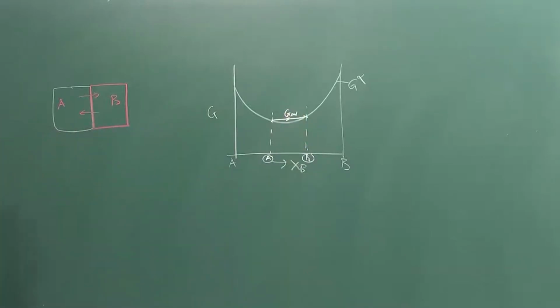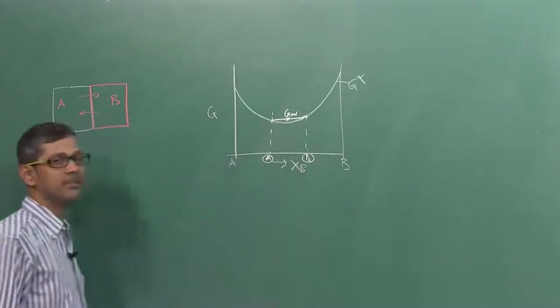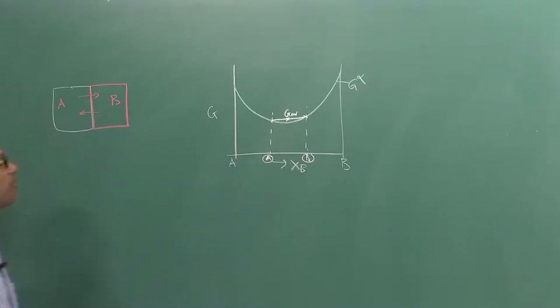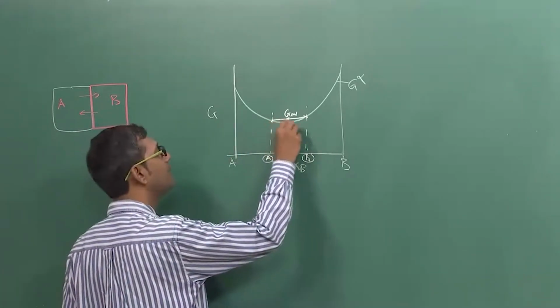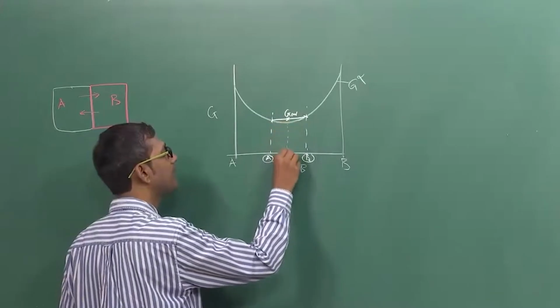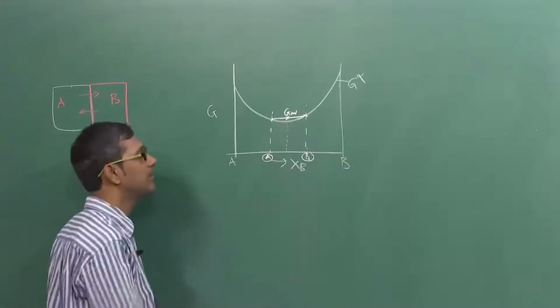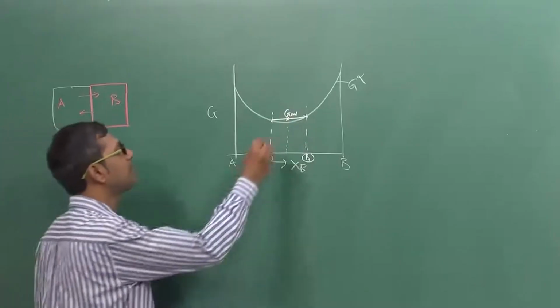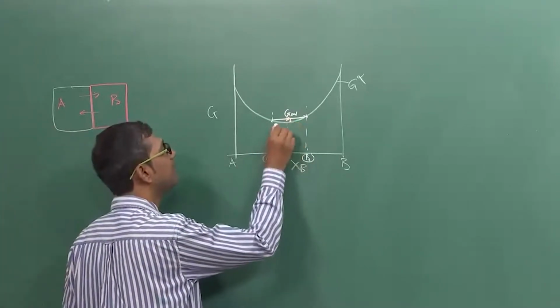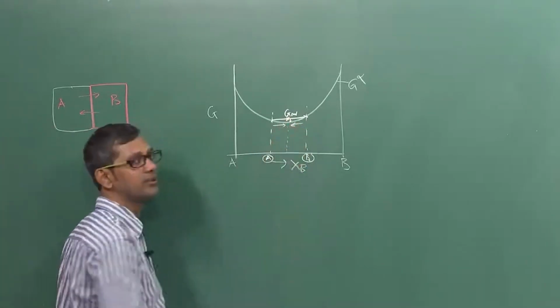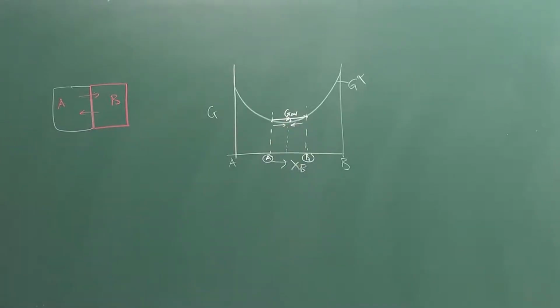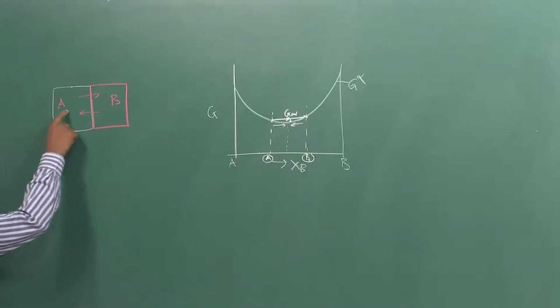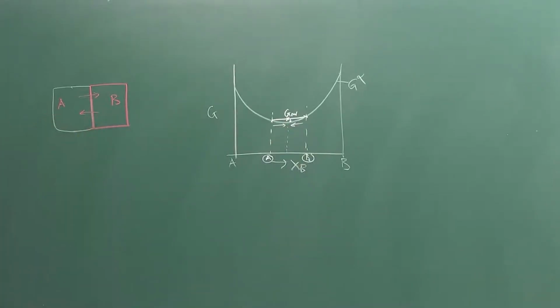So, the average free energy is much higher, actually quite higher than the free energy of the system at this composition. You see here, this is the average free energy of A and B. So, because of that, the system can reduce the free energy by going this way. That means what? Atoms can diffuse from A to B or B to A. That is what it is.